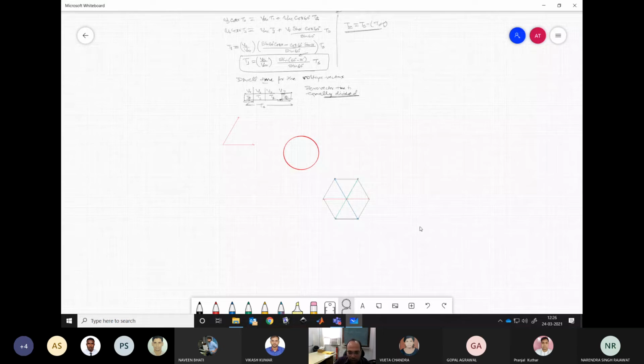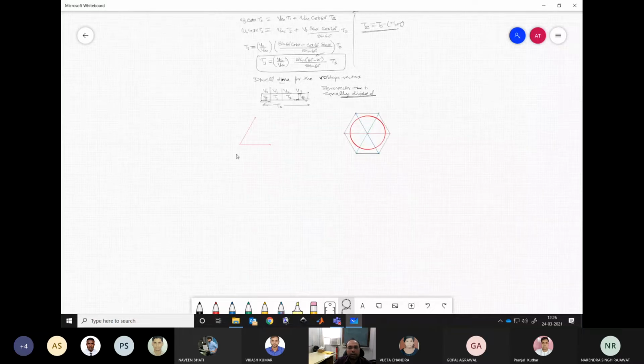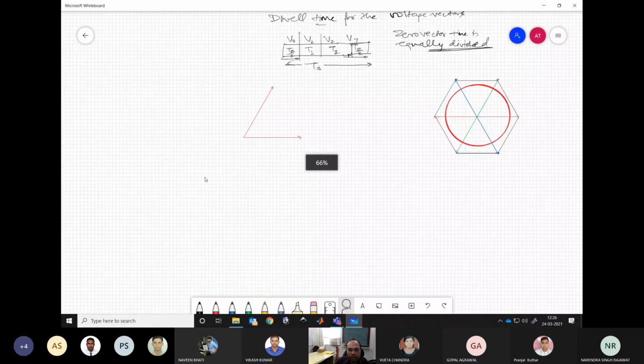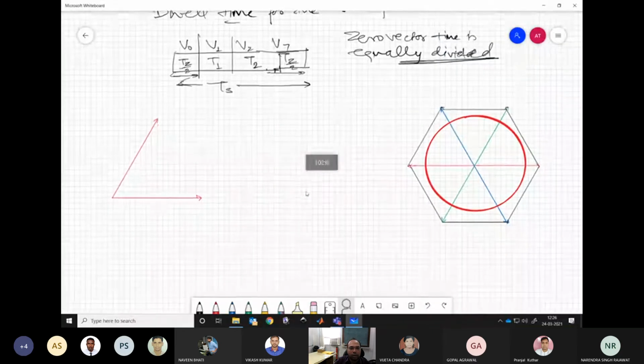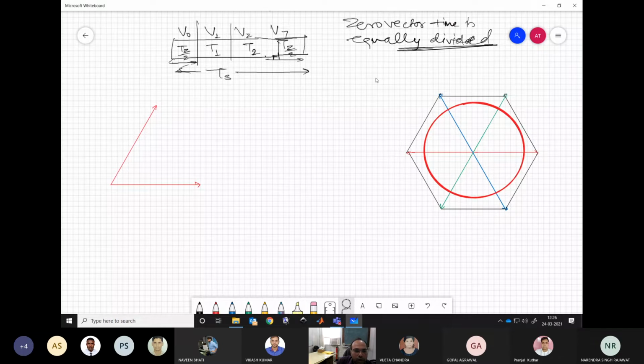Fine. So here we have our hexagon and the fundamental. Let us see from the sector point of view what is happening. We have applied these vectors v0, v1, v2, v7 for the time period Tz by 2, then T1, then T2, and then again Tz by 2. So this is our v1, v2, v0, v7, or simply 1, 2, 0, 7.